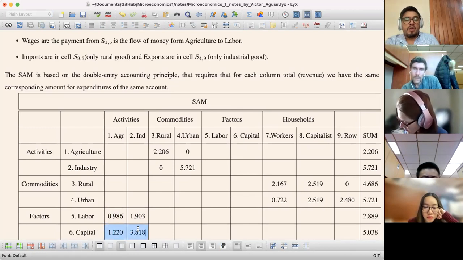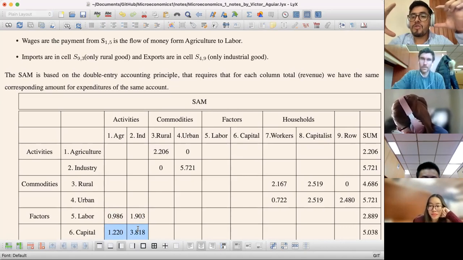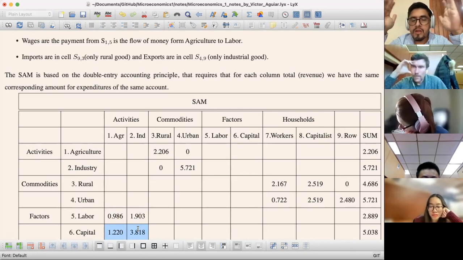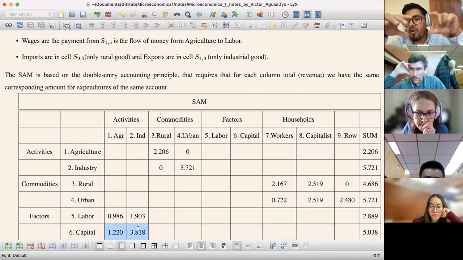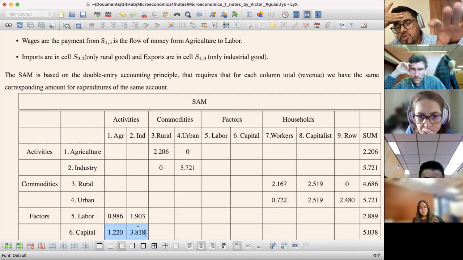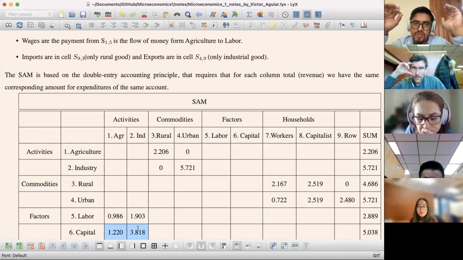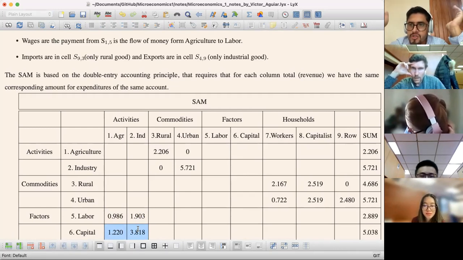Now, if you go to Canada national accounts, they will have these figures. Each sector in the economy will be earning from wages, and they will have all the payments in rents from each sector of the economy. So each country varies in the level of definition that they have for each sector. At this level of aggregation, we have just industry and agriculture.